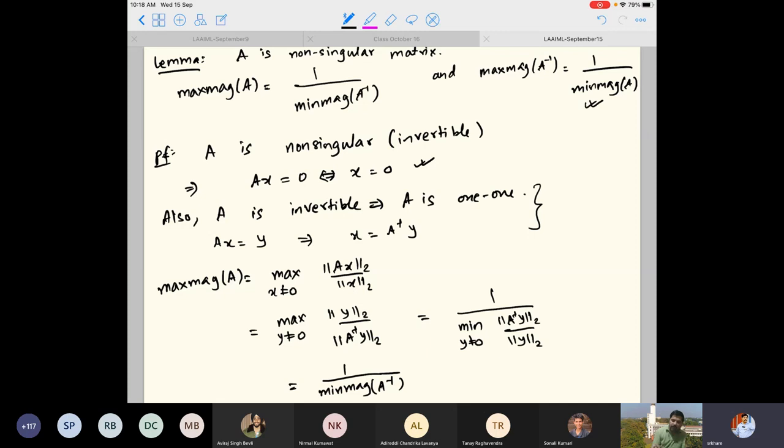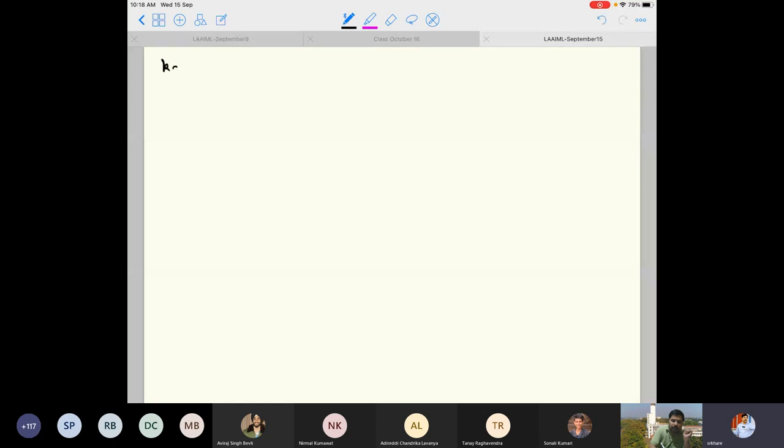Okay. So once you have this particular relationship, now you see the condition number of A. What is the condition number of A? Condition number of A is 2 norm of A into 2 norm of A inverse, which is nothing but maximum magnification of A times maximum magnification of A inverse, because 2 norm is basically maximum magnification.